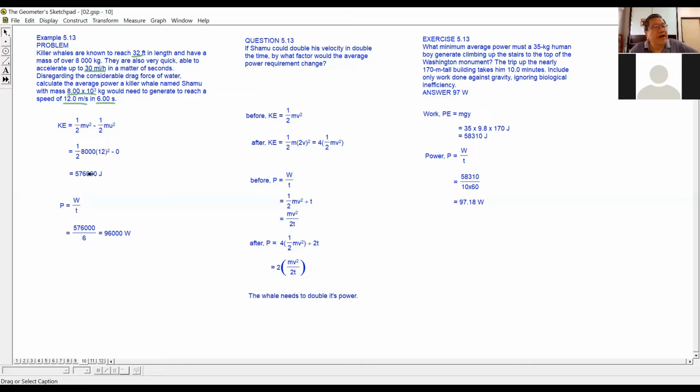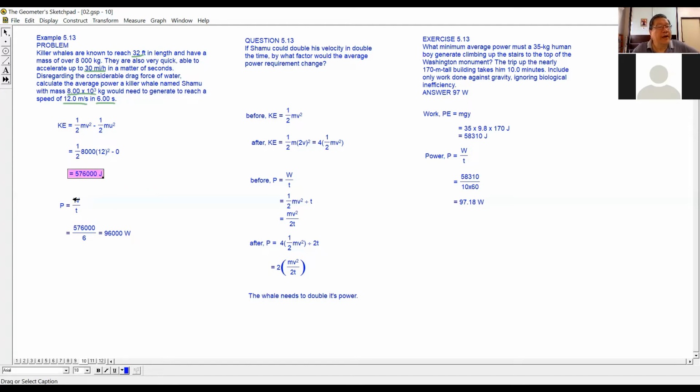So using the kinetic energy, we calculate the total energy used by the whale to produce this velocity, which is 576,000 joules. So this is the energy produced by the whale.